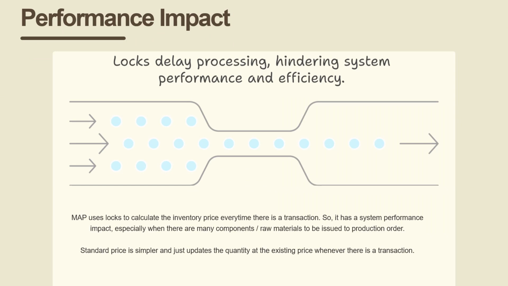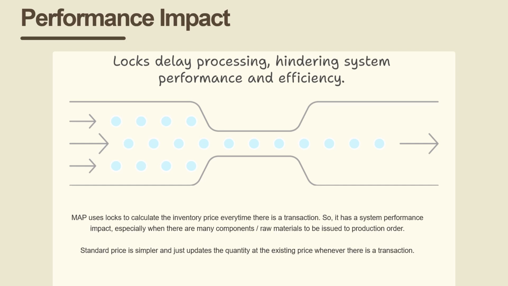It does. Moving average price, because it's dynamic in nature, whenever the system wants to calculate the inventory value of a material that has a price control of moving average price, SAP puts locks on certain tables so that there is no change in the values because of any internal or external transaction happening on that material. Because the system puts locks, there is an impact on the system performance, especially when there are multiple raw materials that you are issuing into the production process.